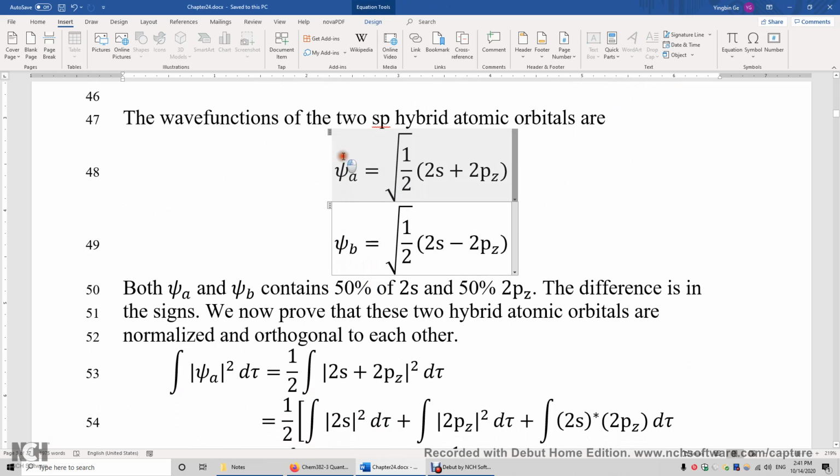So if you look at side A and side B, you can see the coefficients in front of 2s and 2pz are either the same or the opposite to each other. Therefore, we can tell each of these two sp hybrid orbitals contains 50% of the 2s character and 50% of the 2pz character.